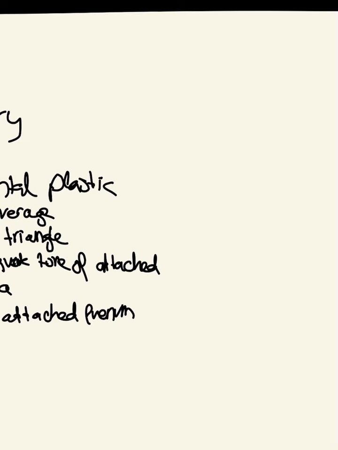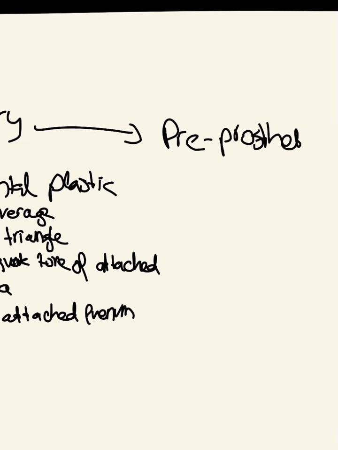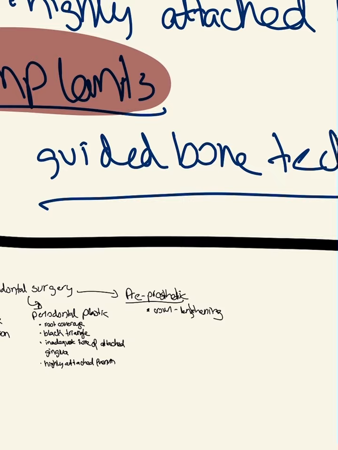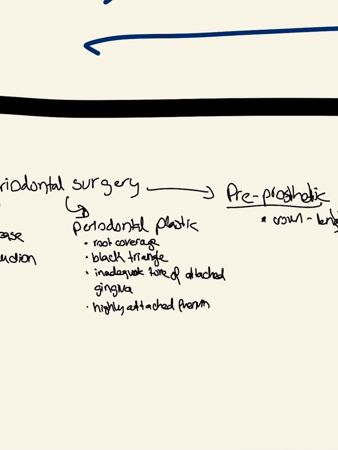And the third type of surgery can be the pre-prosthetic surgery treatment. For example, we have here the crown lengthening. Okay, so these are the 3 types of periodontal surgery.